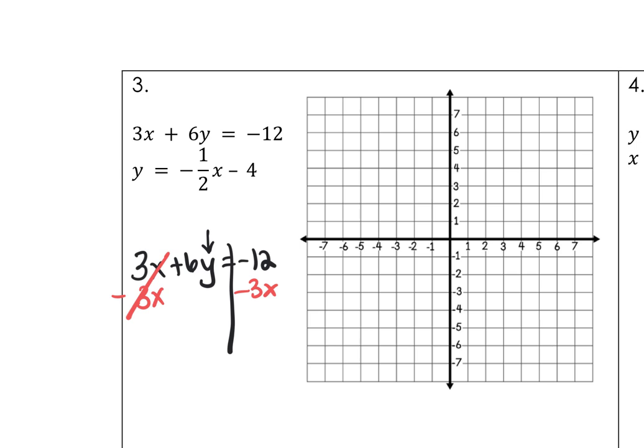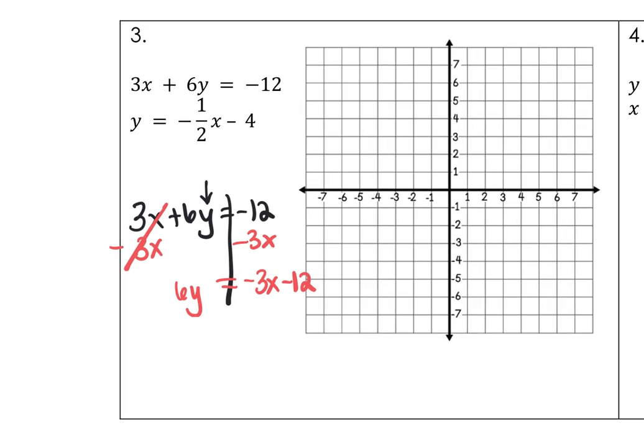So I'm going to bring down the 6y, bring down the equal sign. Once again, when I'm adding and subtracting, those aren't like terms, so I just have to leave them as -3x minus 12. Then the last thing I have to do to get y by itself is undo this coefficient.